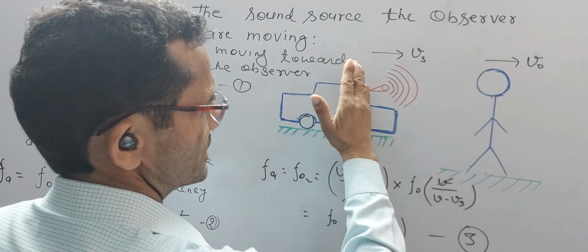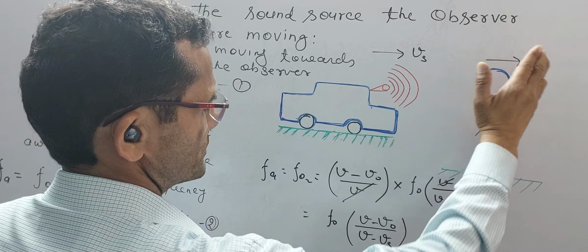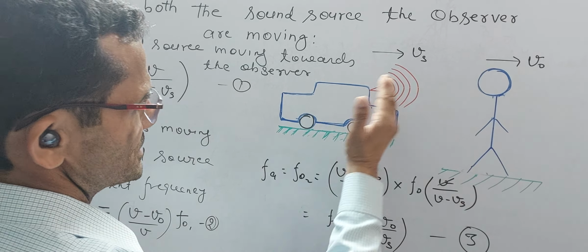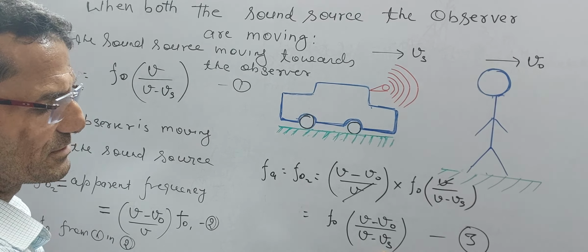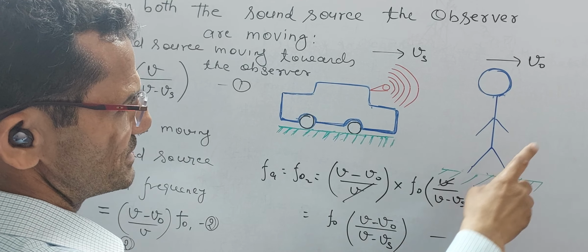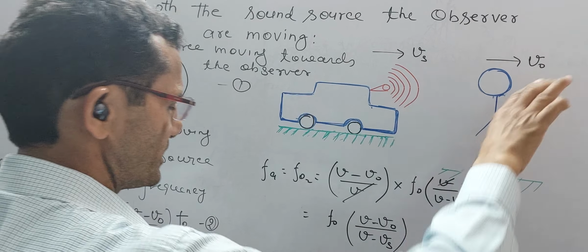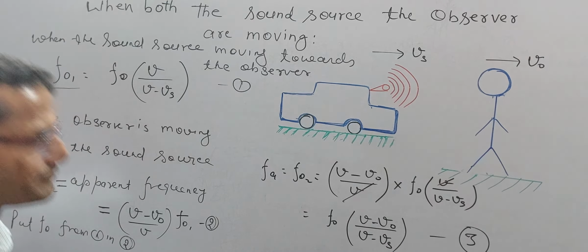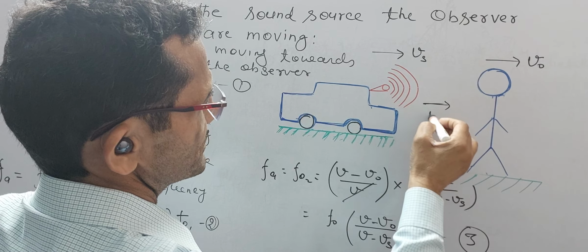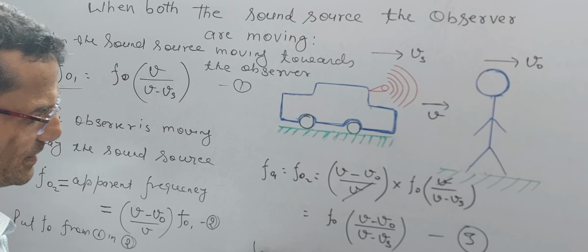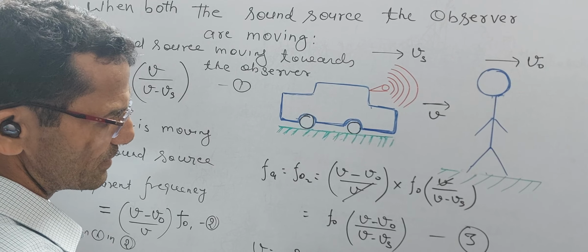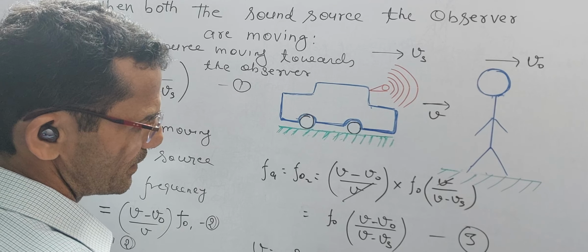Whenever the vehicle is moving this side, you have to put minus Vs in this place, then it will be V plus Vs, because the observer is on the right side and the sound velocity is moving rightwards. So here V is the sound velocity in air.